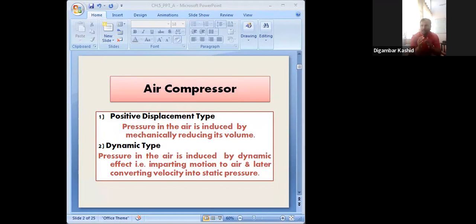So the compressor compresses the atmospheric air into compressed air.